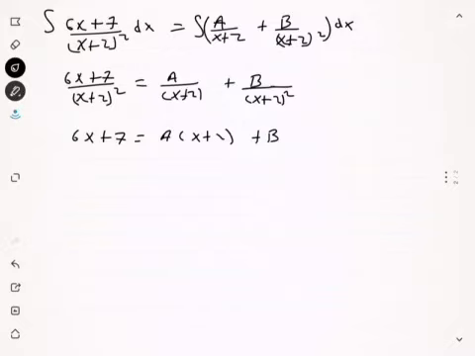So we're going to choose x equals minus 2, and then we get minus 6 times minus 2 plus 7 on this side. And on the other side we just get b, so this will give you b equals minus 5.